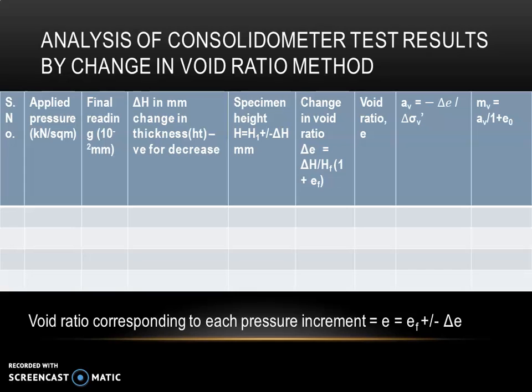And later on we can find MV using the equation AV divided by 1 plus E naught. And void ratio corresponding to each pressure increment can be found out using the equation E is equal to EF plus or minus delta E.